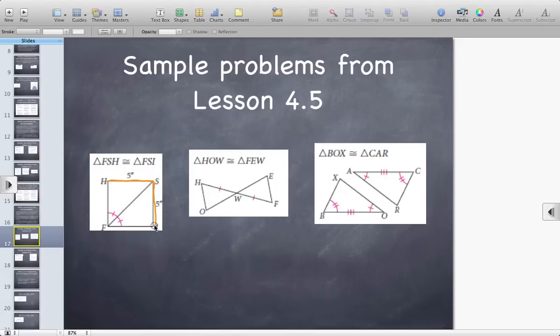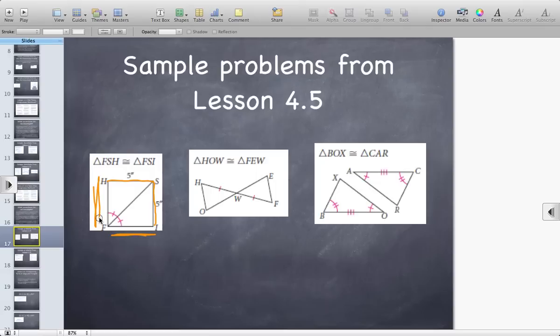But we can't guarantee that. We don't know the measurement of FI, and we don't know the measurement of FH, and since we don't know that all 4 angles are 90-degree angles, there's not enough information to accurately tell us that this is a square. So all we know is those two sides are 5 inches.